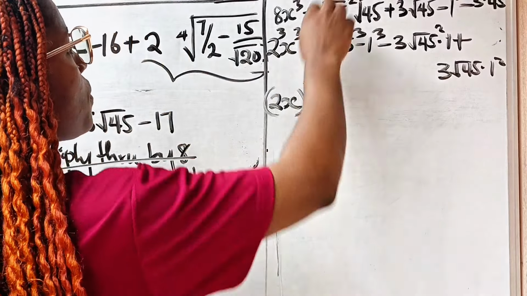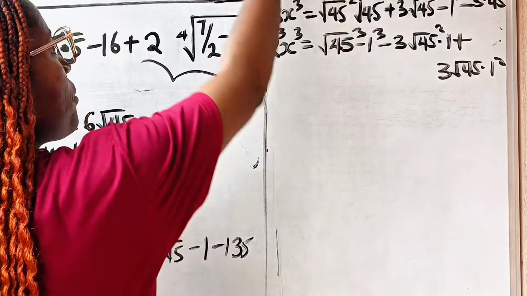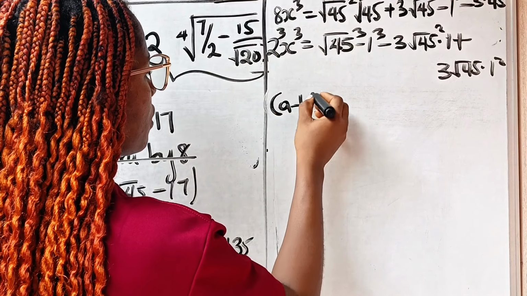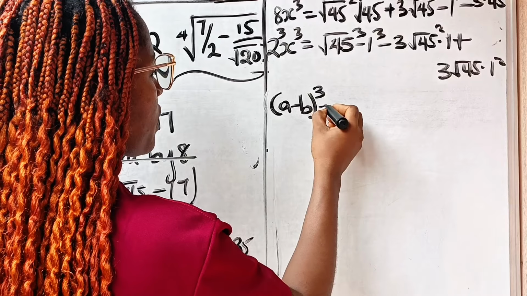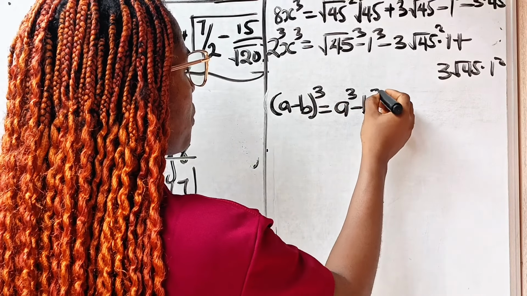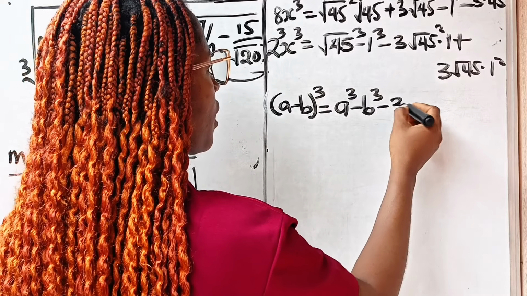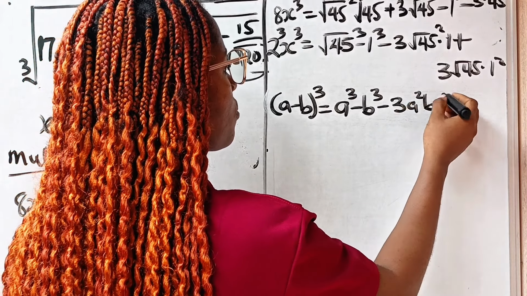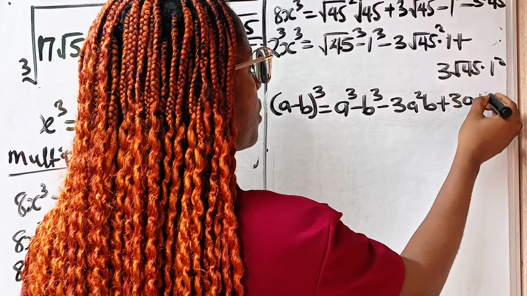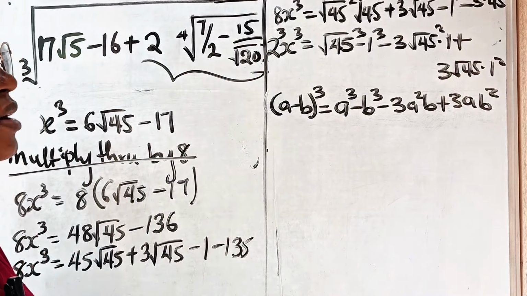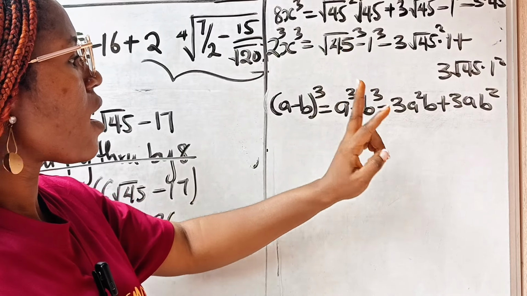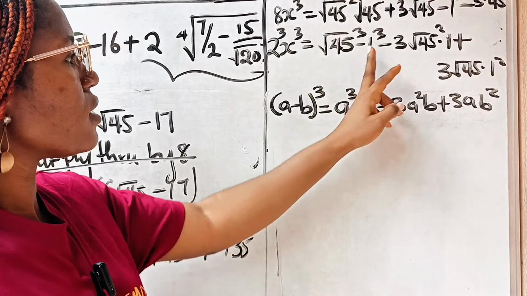And that is an identity that states that a minus b to the power of 3 is equal to a to the power of 3 minus b to the power of 3 minus 3a squared b plus 3ab squared. Now, in this case, our a is root 45 and our b is 1.